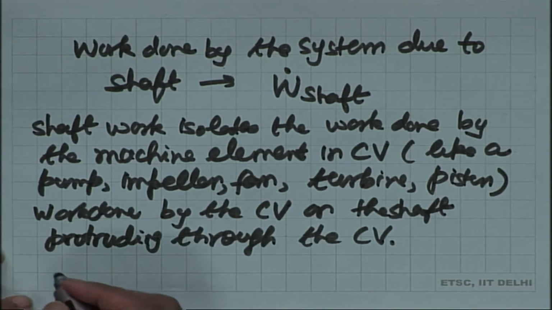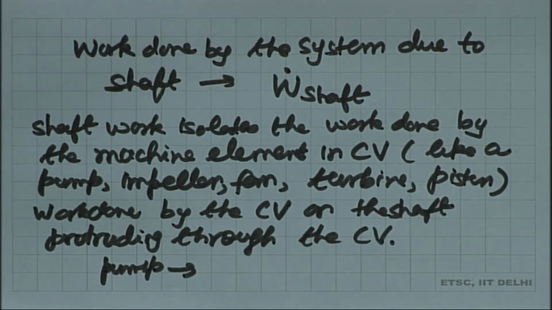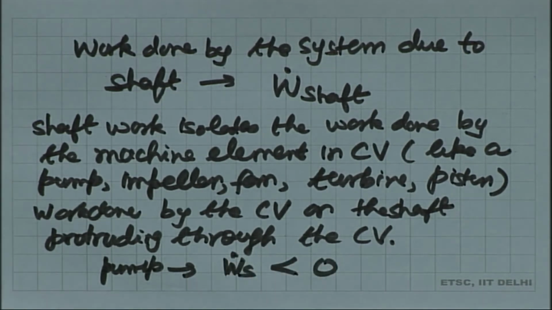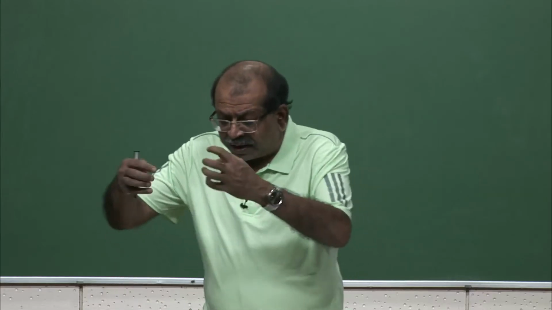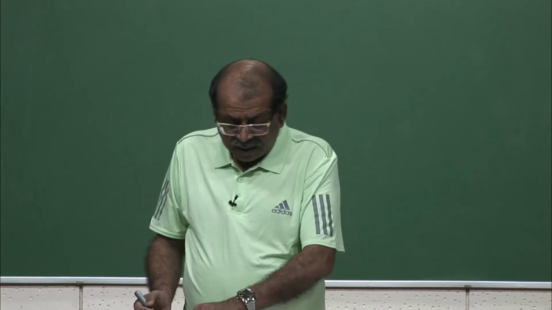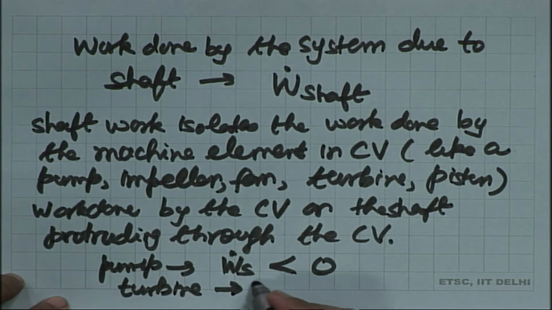So, now if we have a pump, then we know energy is being added to the fluid, but W dot S is the work done by the control volume. So, therefore, W dot S in case of a pump will be less than 0, because energy is being provided to the fluid. So, work done by the fluid will be negative. And similarly, if there is a turbine, then the fluid is providing the energy to the surroundings, and in that case W dot S will be greater than 0.